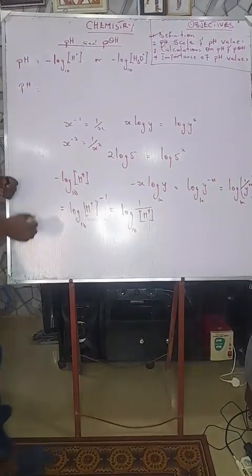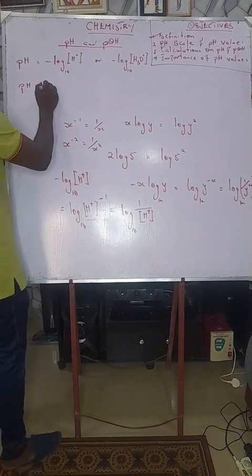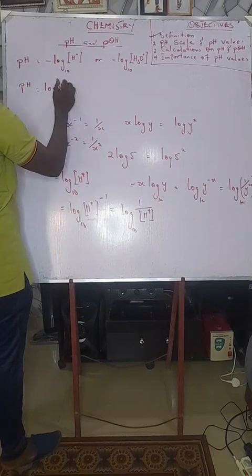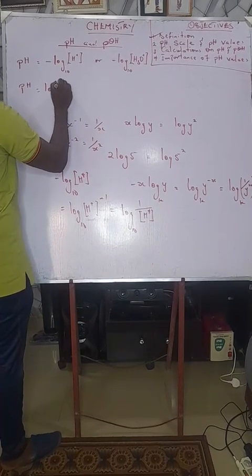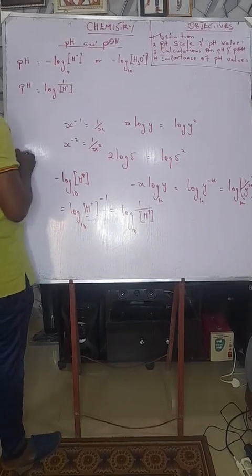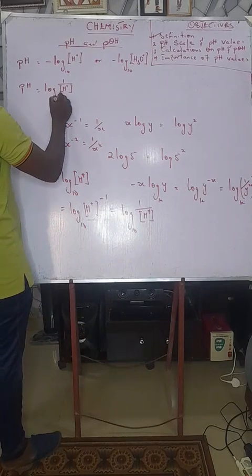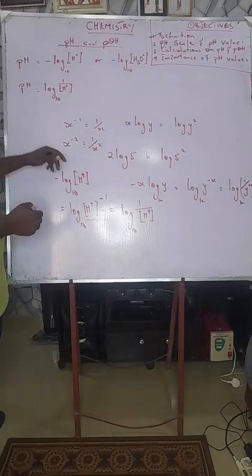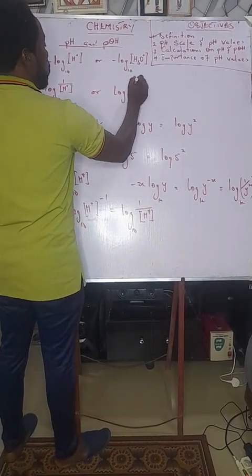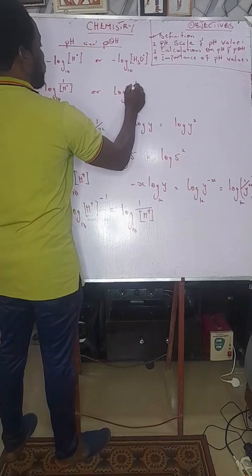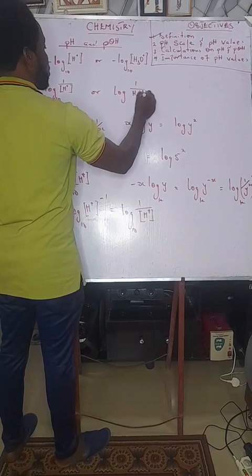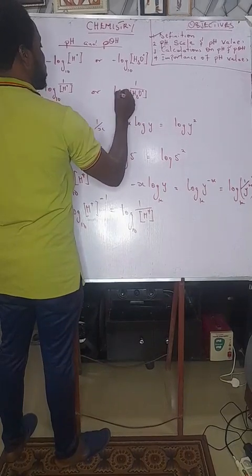Yes. So what I want to write here is, you may have this one to be positive here. If this minus 1 goes up here, that's 1 over hydrogen ion concentration, base 10. So this and this are the same. Or you have log 1 over H3O plus concentration, base 10.